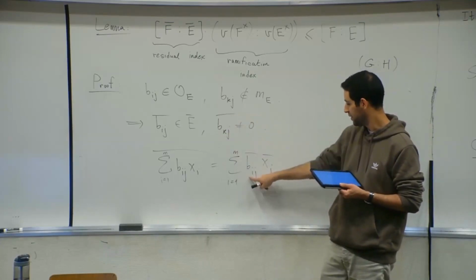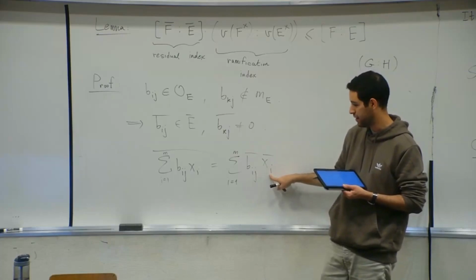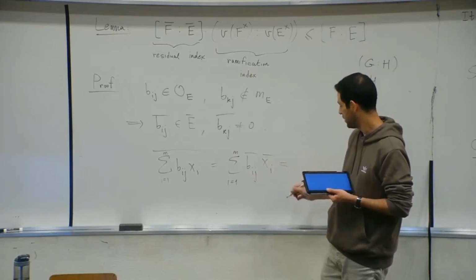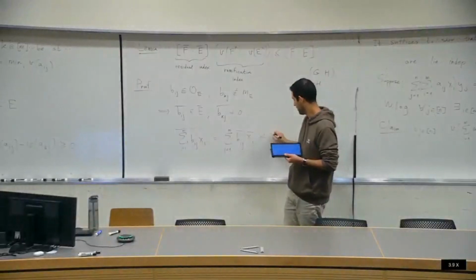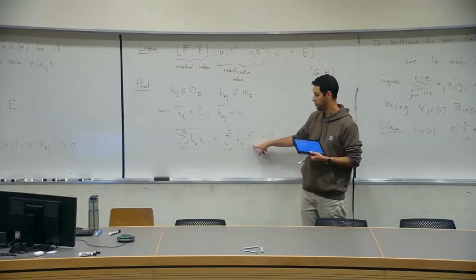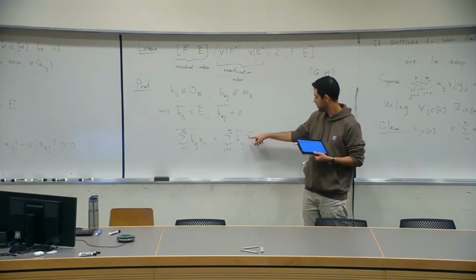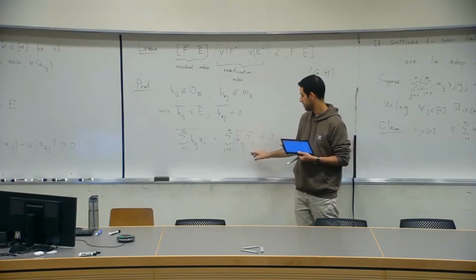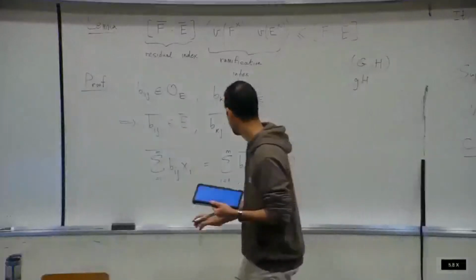So this is a non-trivial linear combination of the xi's over E bar, and these are linearly independent, so what can you say about it? Not zero. Good.